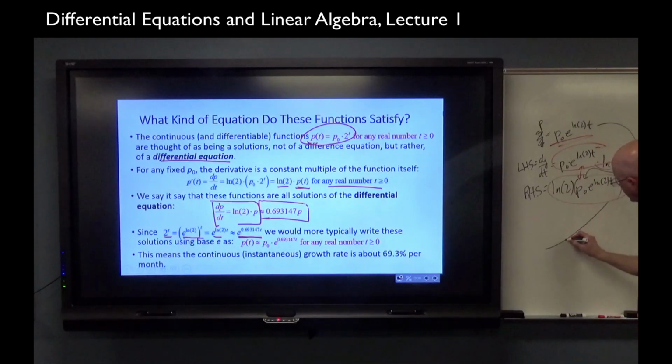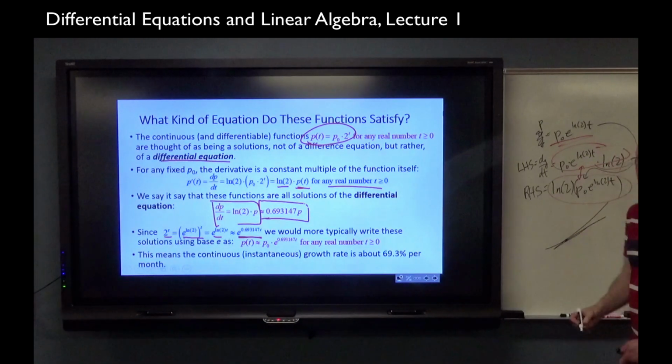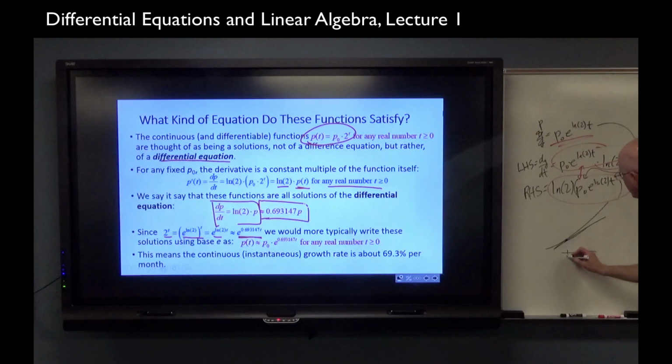If you're at any point and you make a tangent line at that point, the tangent line over 1 unit of time, from say t to t plus 1, is going to grow by 69.3%. That's a 69.3% increase. And it doesn't matter what t is. Okay, that's what it means.